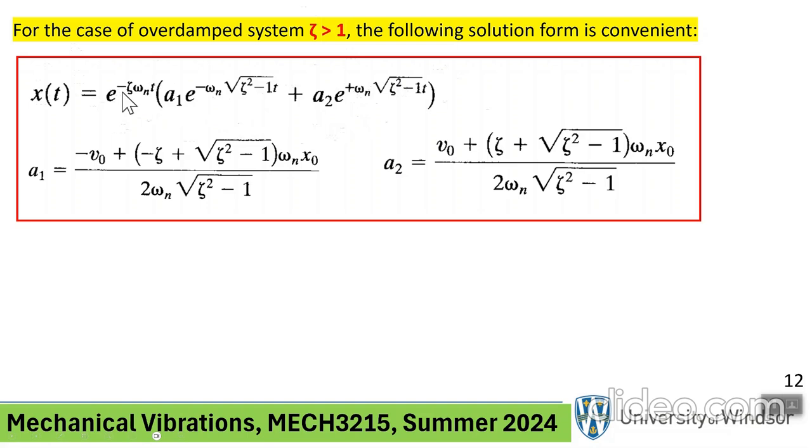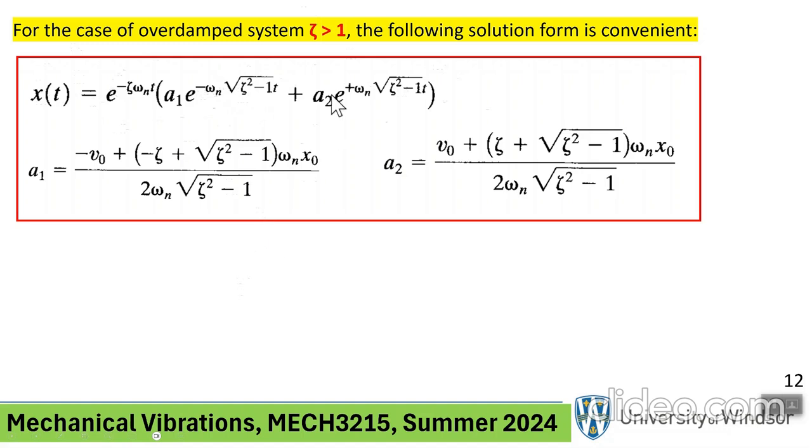Notice that this expression has a t in it, minus zeta omega n t. The expression inside will have something similar to that, except that it's actually not omega n, it's omega n times square root of something. And this whole thing here is usually your omega d right there.